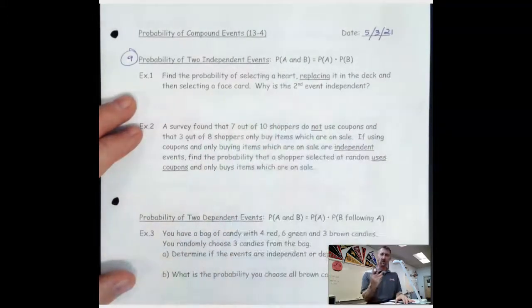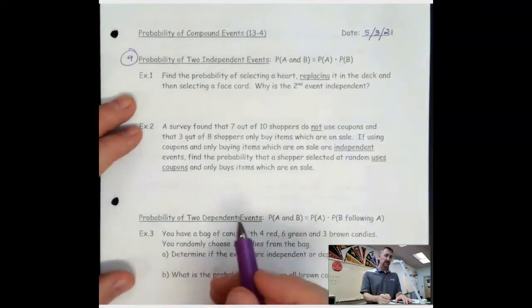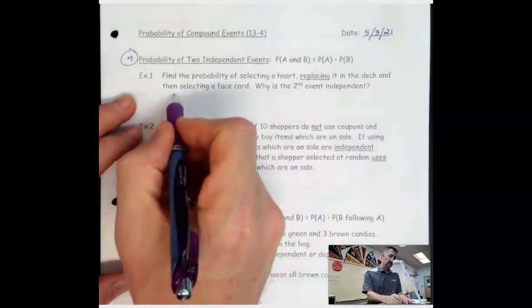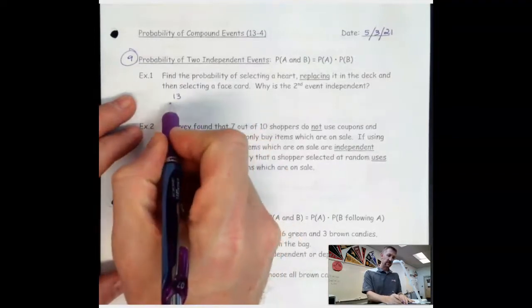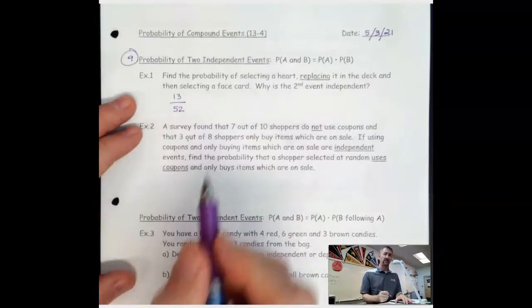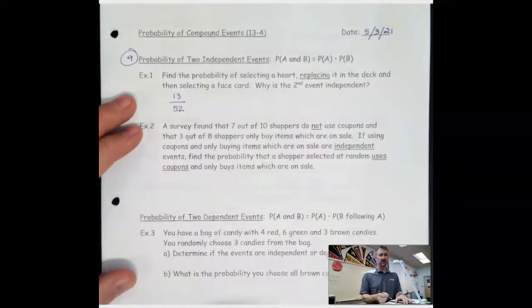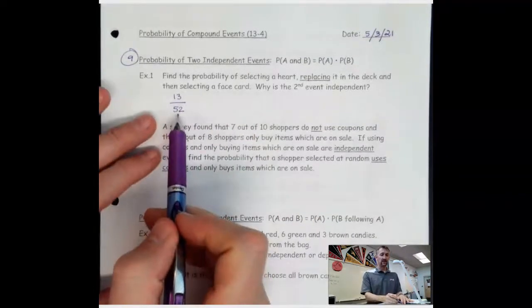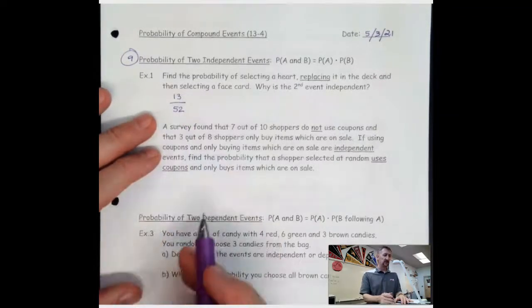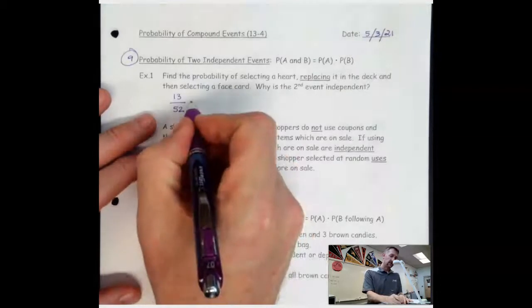So for a heart, there are four suits in the deck, and there's 13 in each suit. There are 52 cards in the deck, so if you divide 52 by 4, you get 13. So there's 13 hearts in the deck of cards.